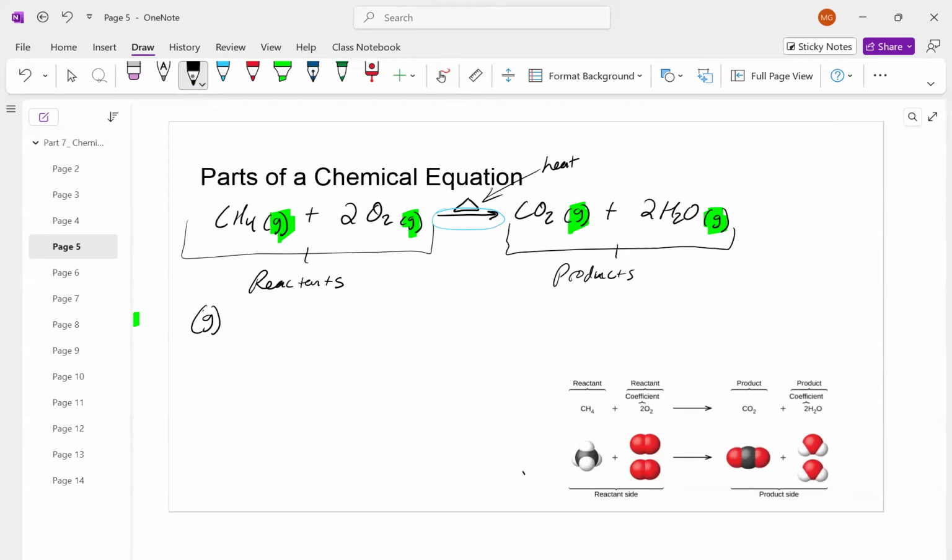A letter G means that the element is in the gas phase. A letter S means it's in the solid phase. L means it's in the liquid phase. And quite often, you'll see AQ, which stands for aqueous, which just means that substance is dissolved in water.